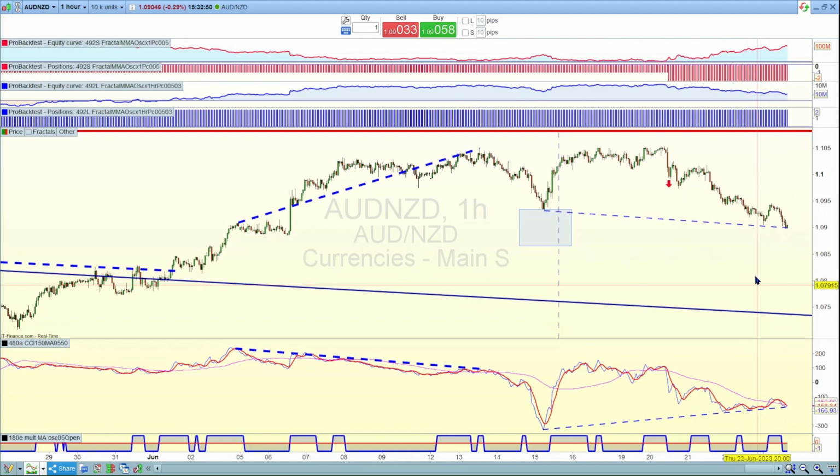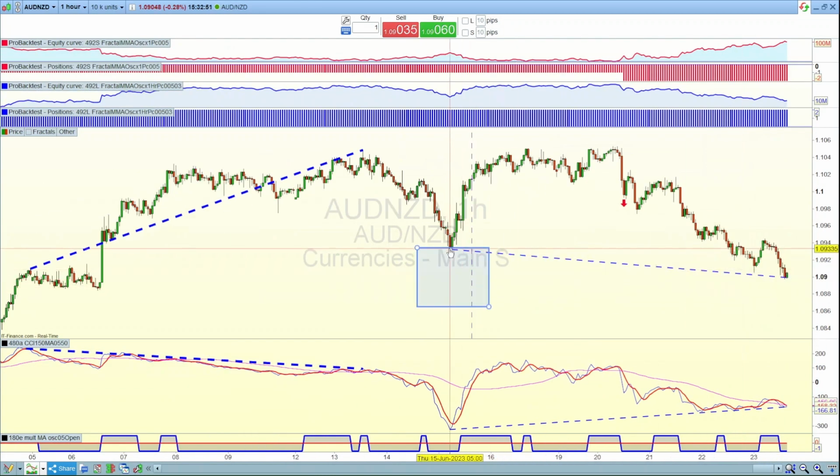Now, there's a couple of things happening here. We're comparing those 2 points there on both the CCI and the price chart. However, we've also got this secondary, if you like, divergence between that area there. I won't draw another line, but between that point there to there, which coincides with that point there to there.